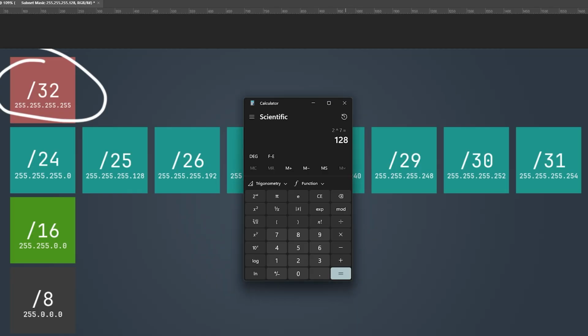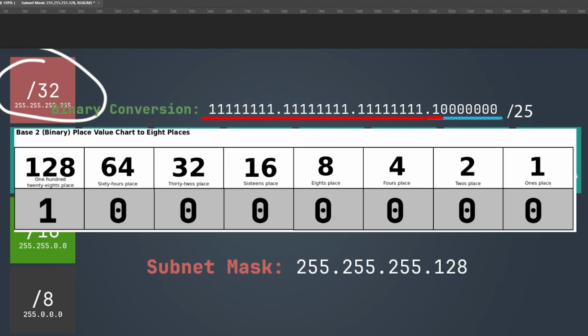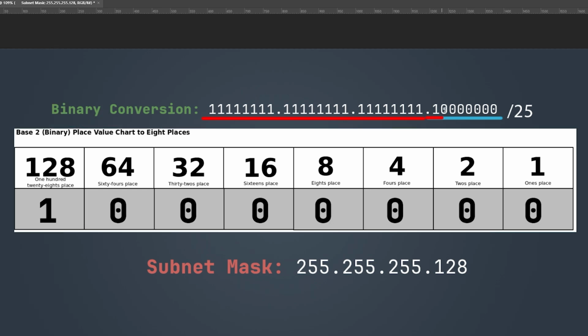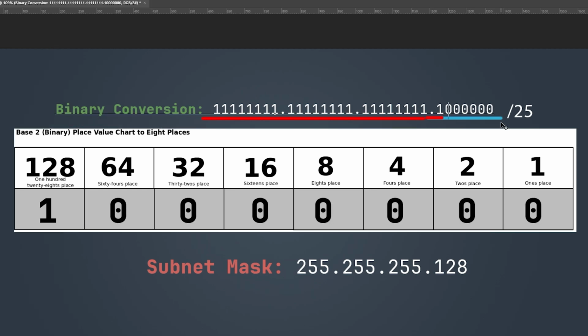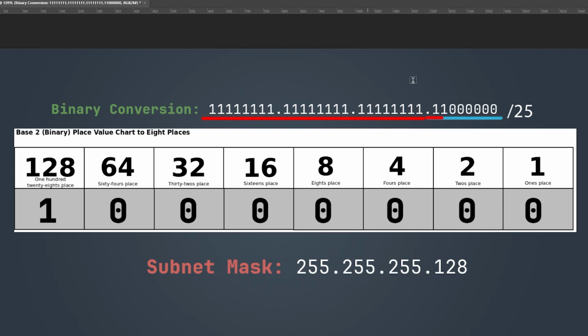So we're going to go ahead and borrow another host bit. Again, we're redefining the network address. When we borrow another host bit, two things change: the CIDR and the subnet mask.